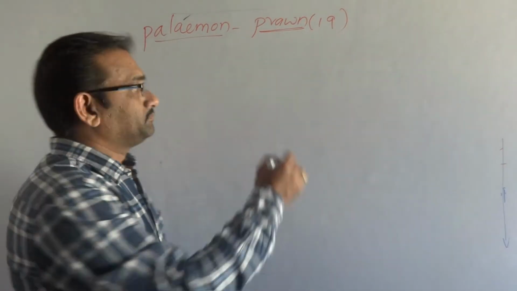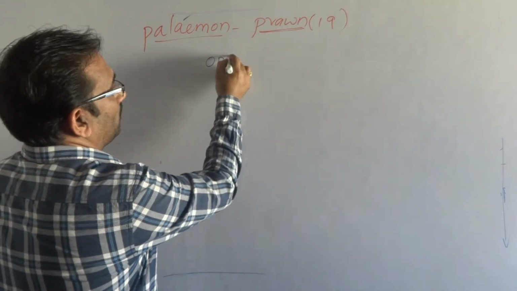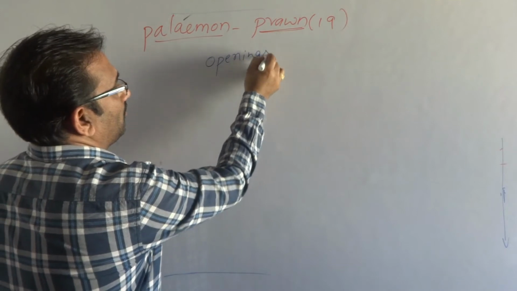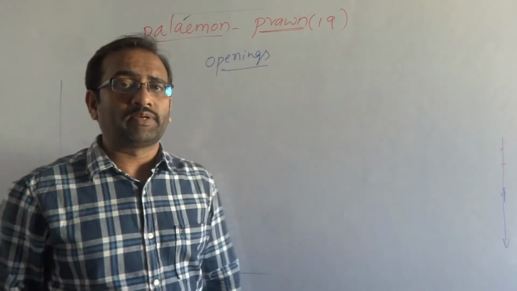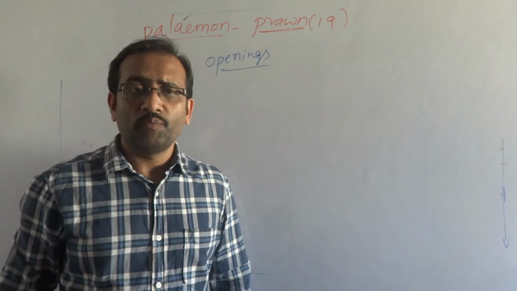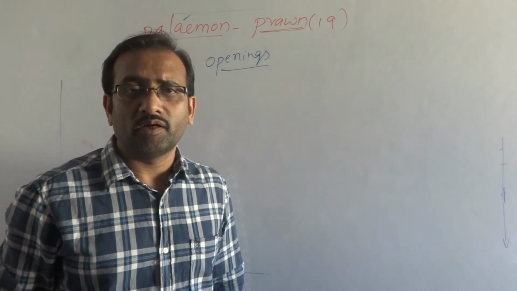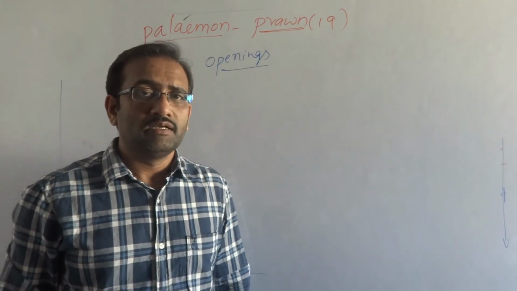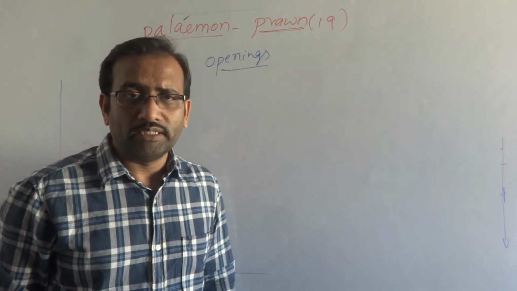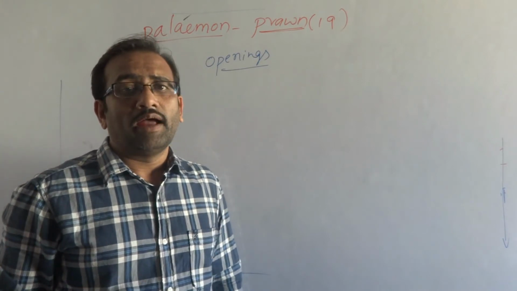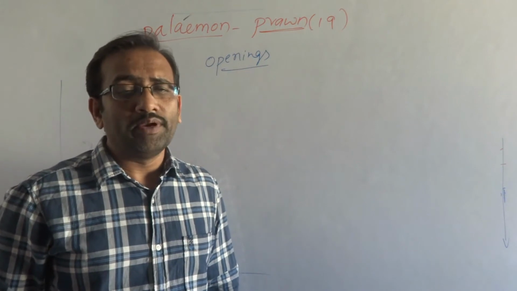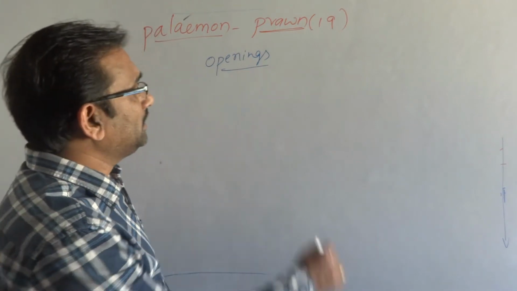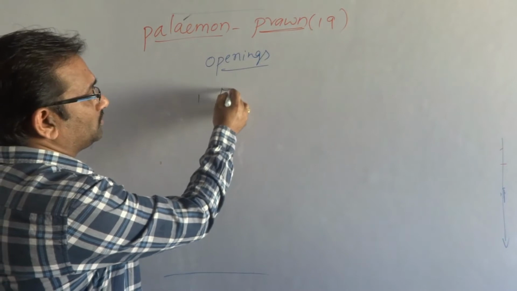The openings. The holes present on Macrobrachium malcolmsonii, commonly called prawn, Palaemon malcolmsonii, the external apertures, the outside openings, we are discussing now. Here, first one is mouth.